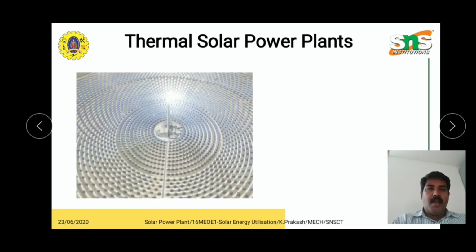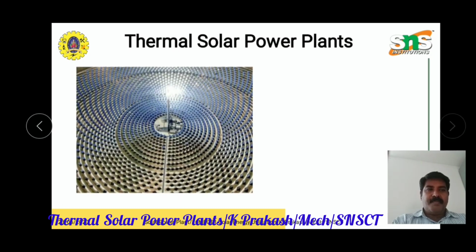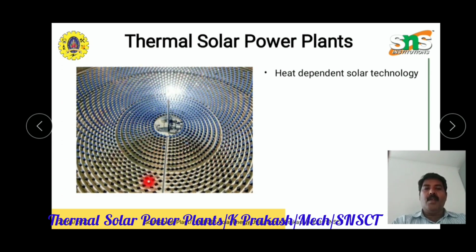And coming to the thermal solar power plants, this is one of the biggest power plants, where these are called heliostats. These reflecting mirrors are placed in a circular path throughout the area.